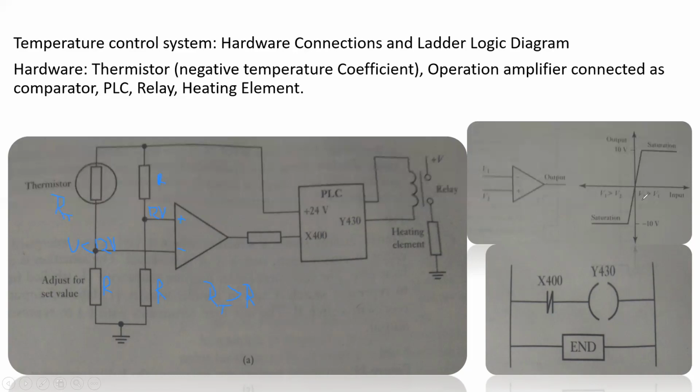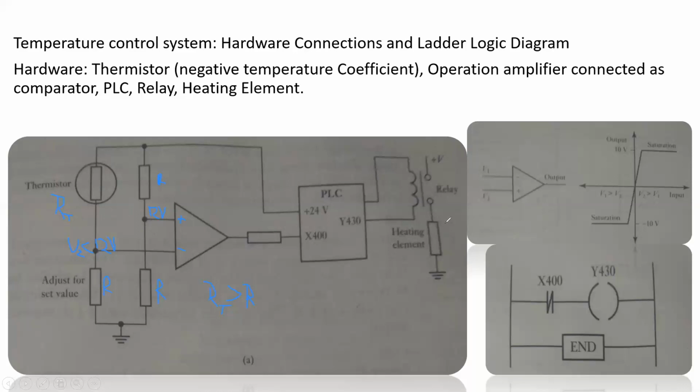But as soon as v2 gets greater than v1, the output will go from low to high. So this is v2 and this is v1. We know that v1 is 12, but initially the resistance RT is greater than R, which means that the potential here is less than 12 volt. So the output will be low.